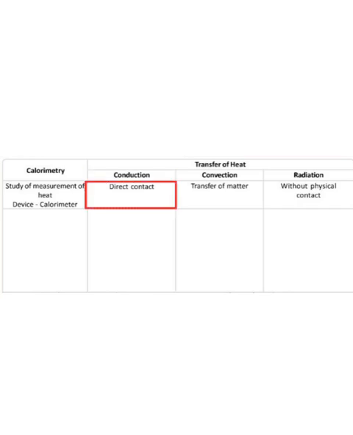Look at this, direct contact between objects is called conduction. For example, plate over hot vessel.